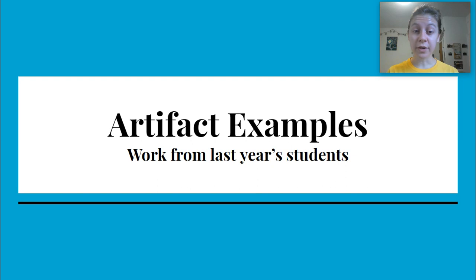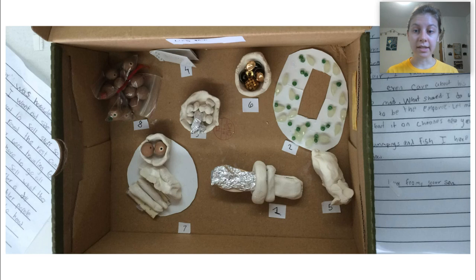Now, you're also going to make artifacts to go in your time capsule. So again, we're going to look at some examples of work from students from last year. Here's one image, and you can see that there are different things that they put in their time capsule.